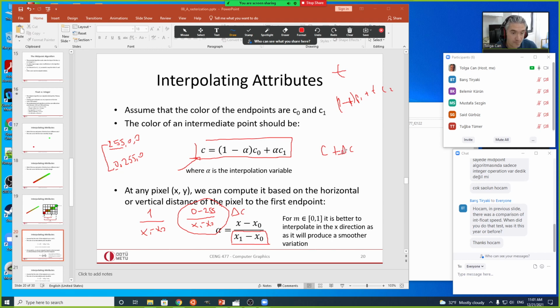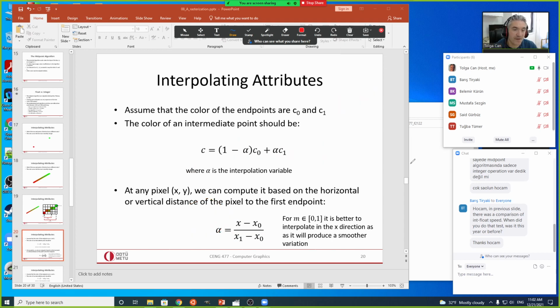So what I'm saying is that interpolating the color attribute constantly increases or constantly decreases along the line. So if we can compute this delta increase or delta decrease beforehand, instead of making the interpolation at every time step, we can convert this weighted averaging to just incremental updating of the color value.